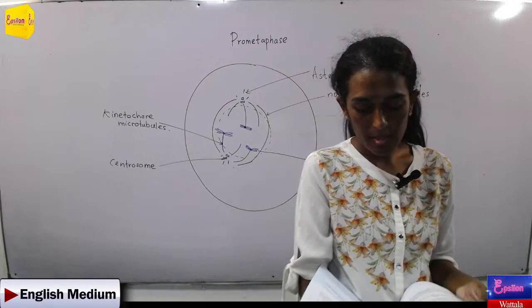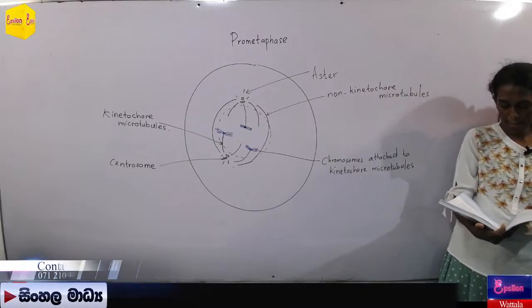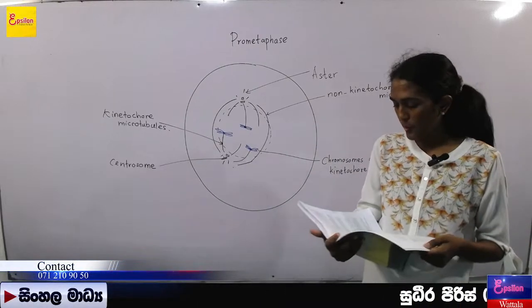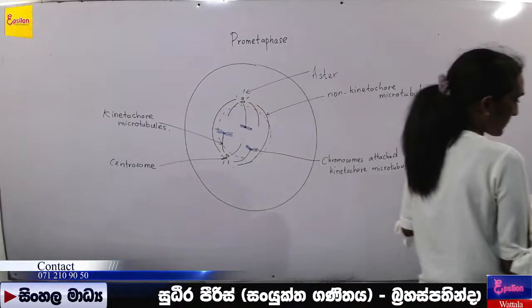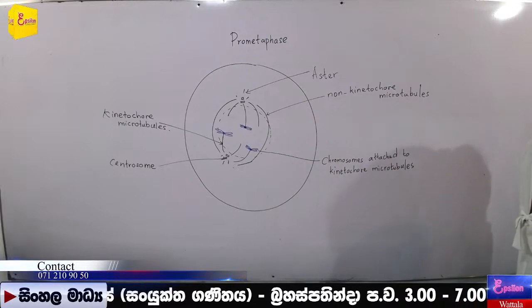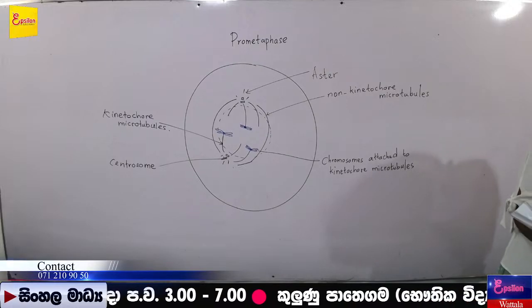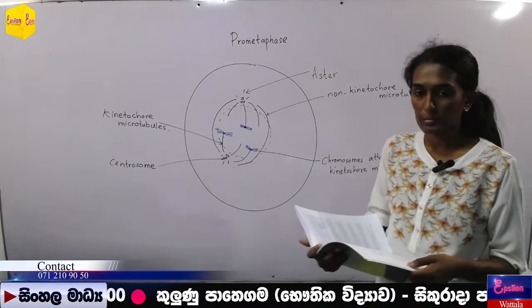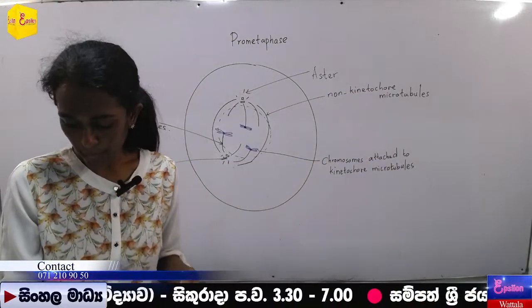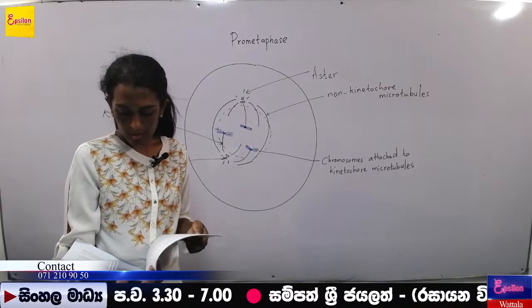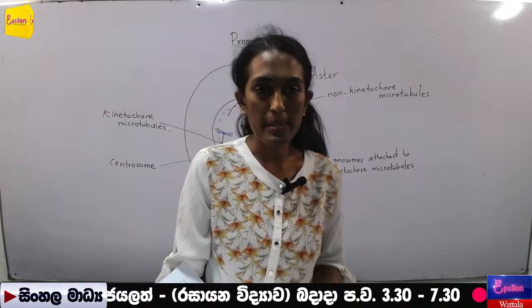Next one, microtubules which are not attached to the kinetochore interact with those from opposite poles.